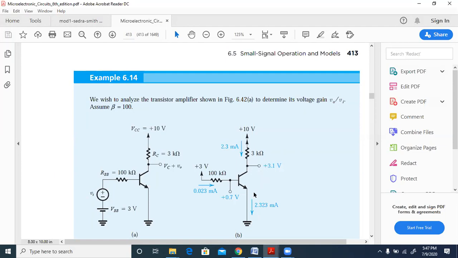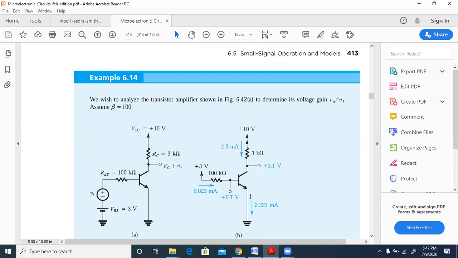So 3.1 volts is quite a good amount of voltage. First we are saying that the base to emitter junction is forward biased, because you have a positive voltage. Further to that, the value here is 3.1 volts, much more than the saturation value.